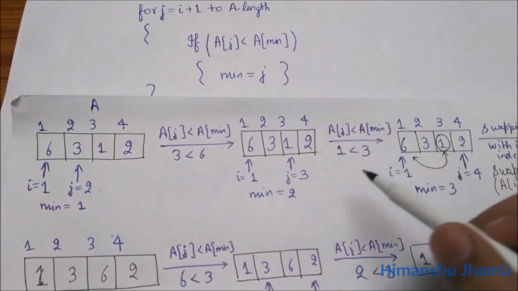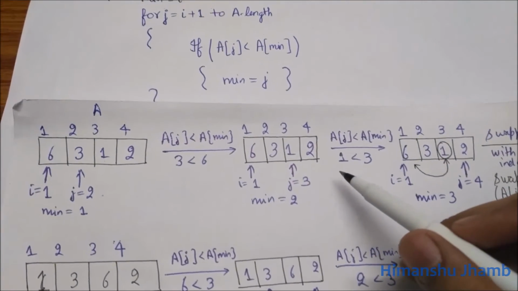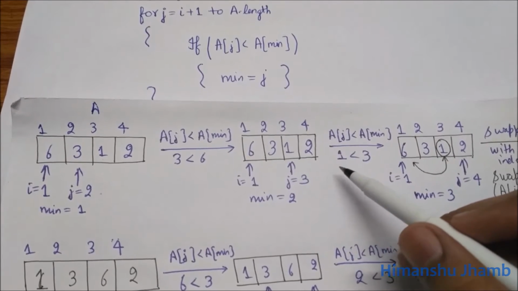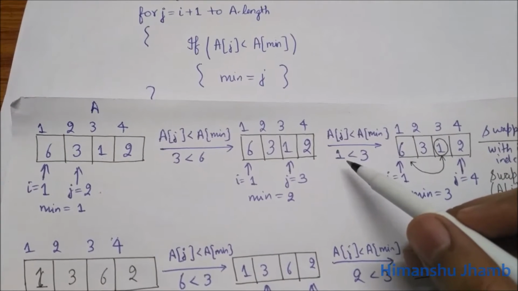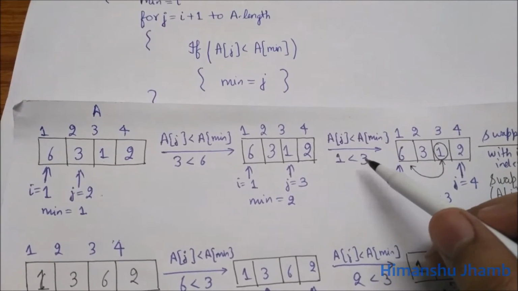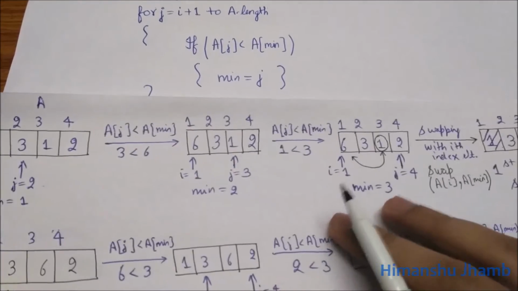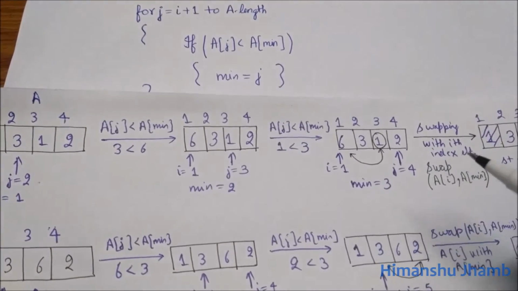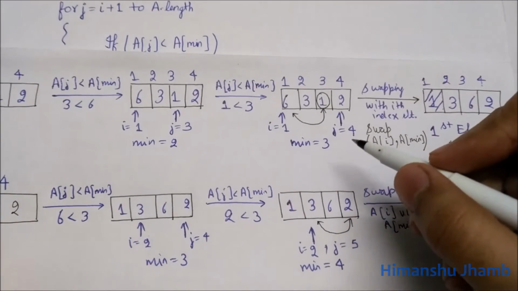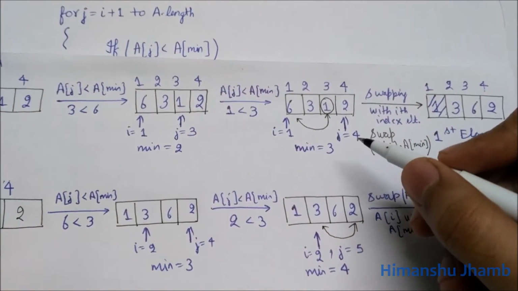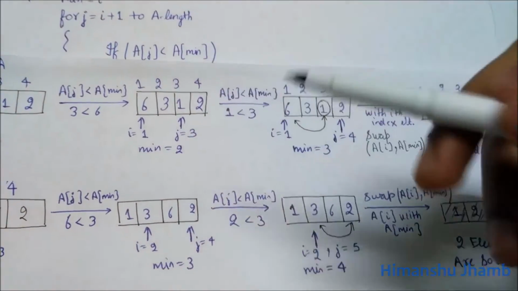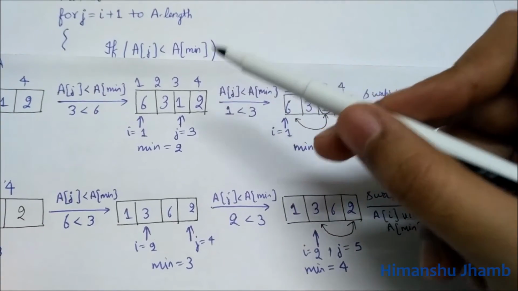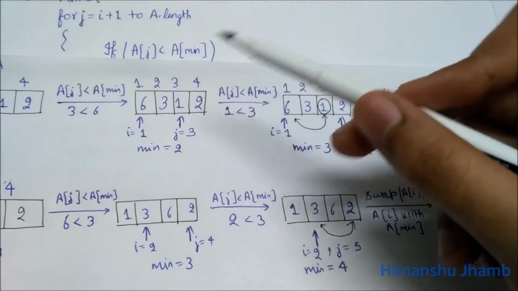Now again, j would be incremented, and we check if a[j] is less than a[minimum]. Yes, 1 is less than 3, so we will update the minimum again. So minimum would be 3 now. Now j would be incremented to 5, and this for loop would break because the loop condition is not being met, since the length of the array is 4.